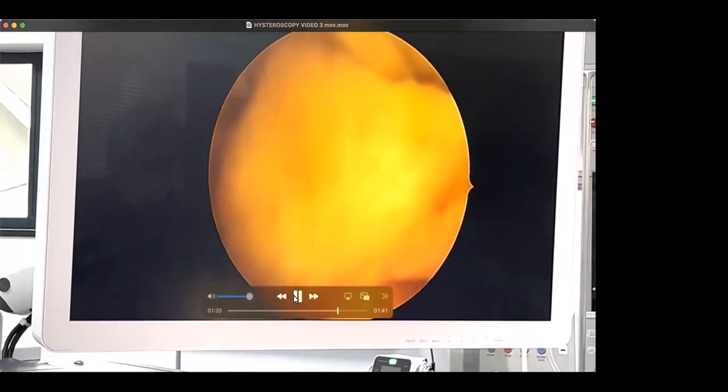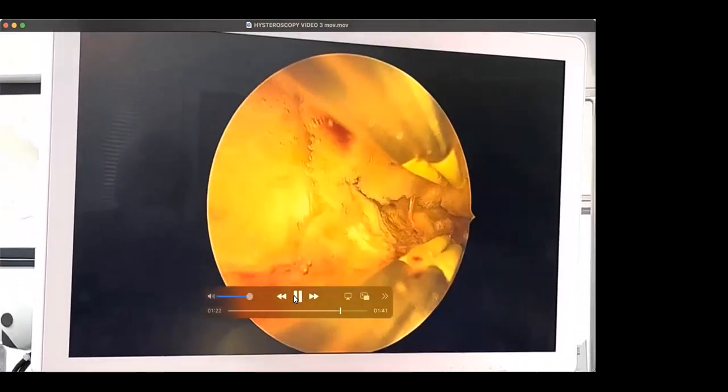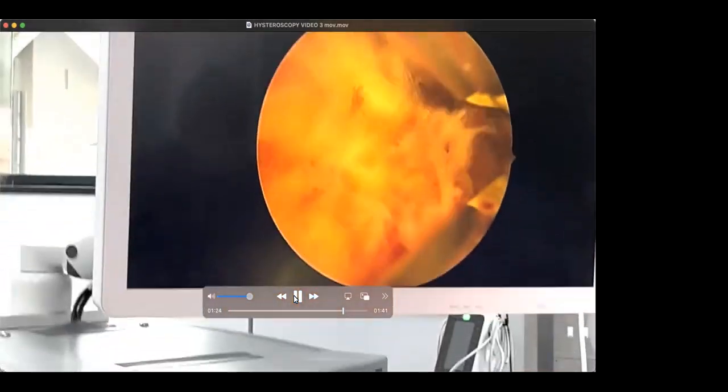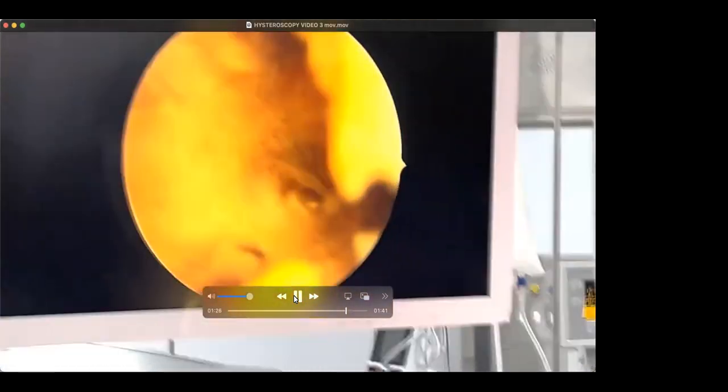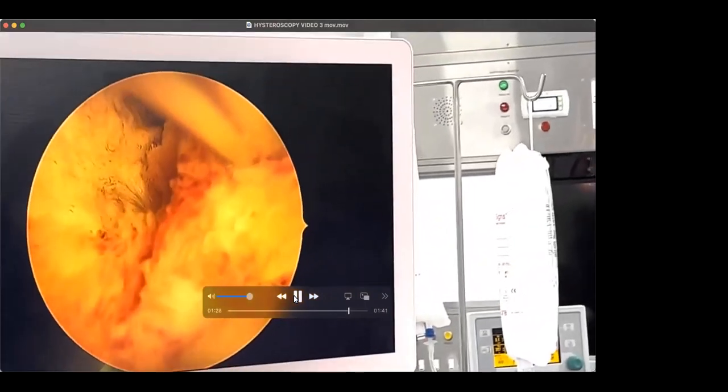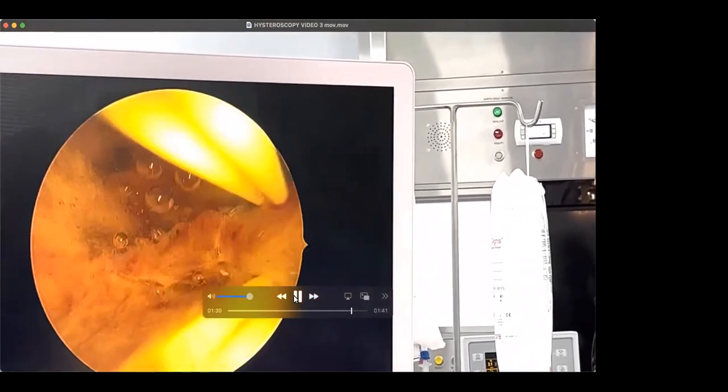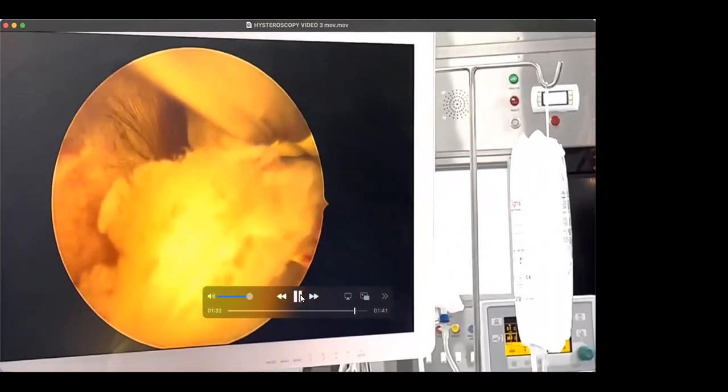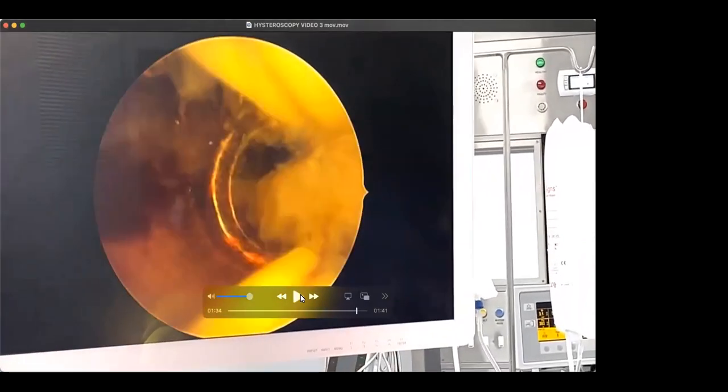Here the resectoscope, we know that it's bipolar. That's why we are able to use saline in this case. My other picture was just of the cleared endometrial cavity, which was now clear. And so I am done with my presentation. Thank you for listening.